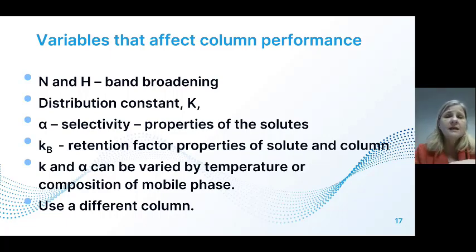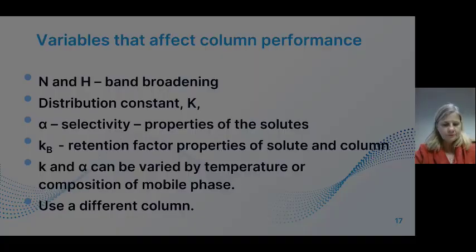If you have done that extensively and changed the programs for both LC or GC, either temperature or mobile phase composition, and you don't get a good enough separation, you must realize that now you have to start looking at a different column.